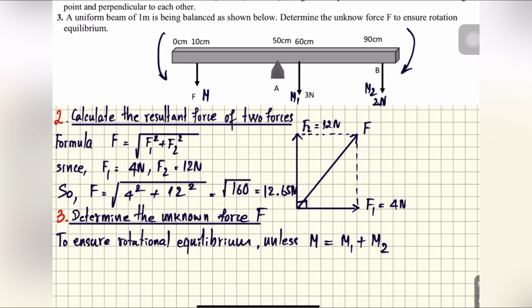Moment is the product of force and perpendicular distance, and the distance we consider is from force F to the pivot.